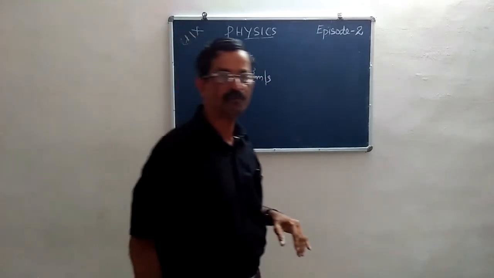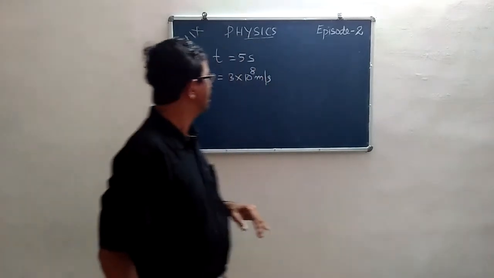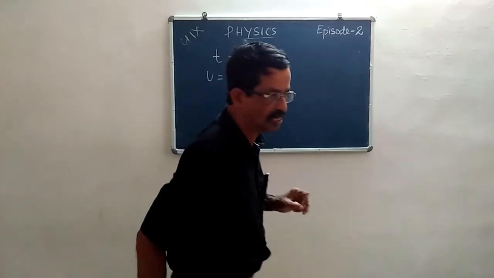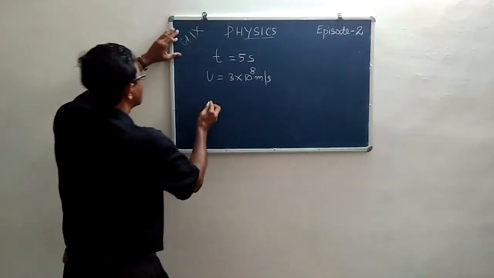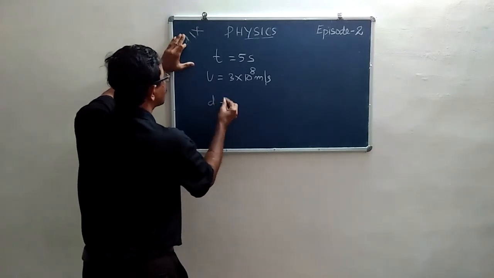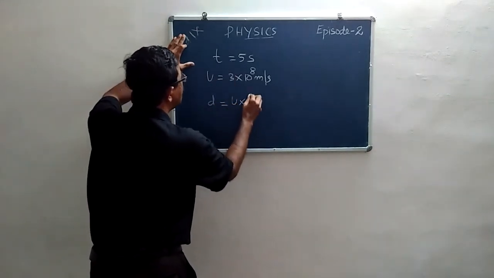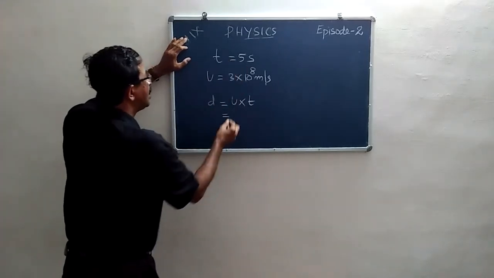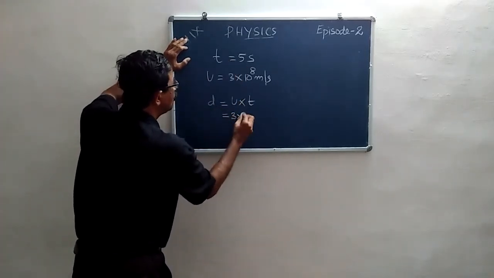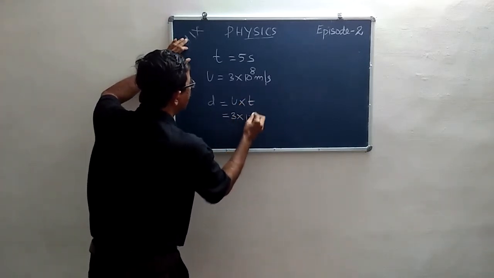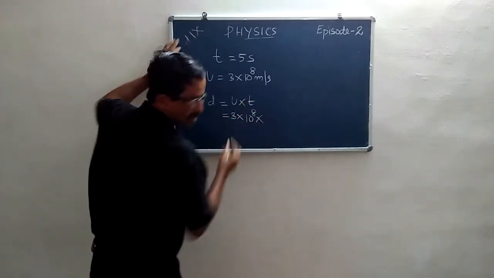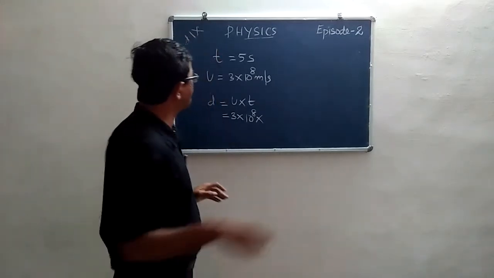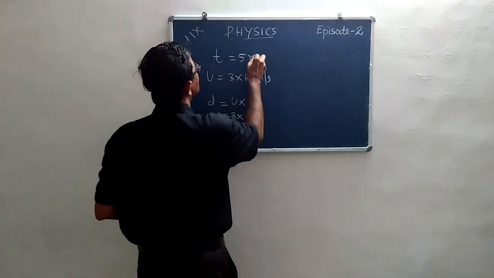Now what do we want to find? We want to find how much distance away the spaceship is from us. We know that distance d is equal to velocity or speed into time. That is equal to v, that is 3 into 10 raised to 8, into the time taken, given as 5 minutes, not seconds, 5 minutes.